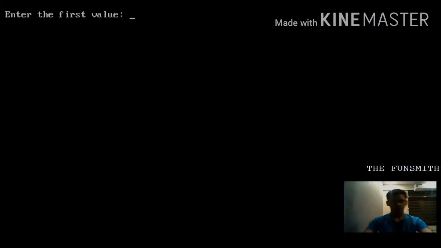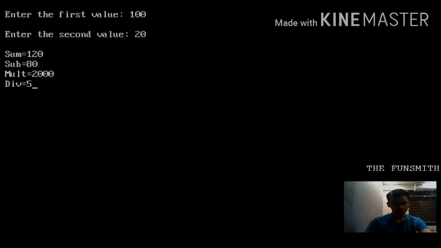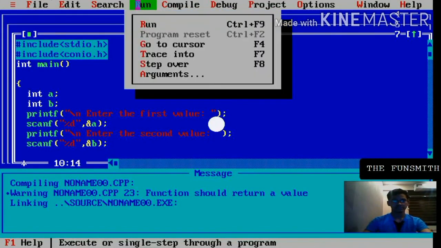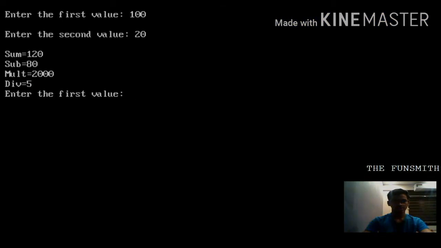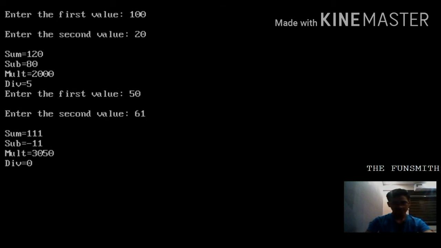Now which values should we take? 100 and 20. See, we have got the answers. Next, if you run again and enter the first value, you get it on another line. So 50 and 61. Yeah, you got the answers, right?